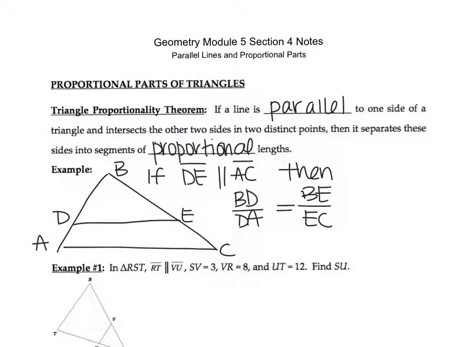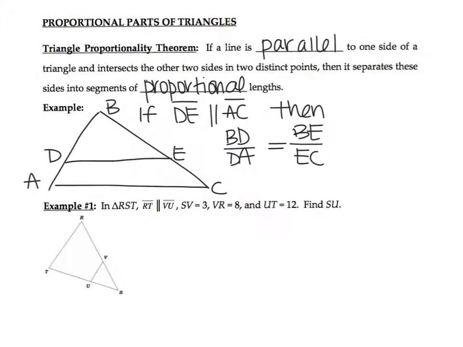So that parallel line breaks the segments into proportional lengths. It's not just that the whole thing will be proportional, because this does create two similar triangles. It also means that it breaks the lengths into proportional segments as well.